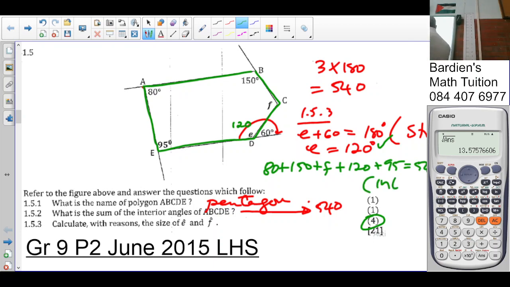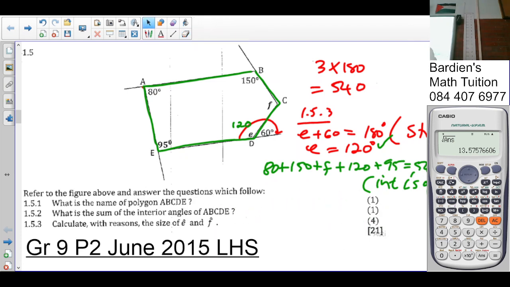Why? It's the interior angles of a pentagon. Okay? The interior angles of a pentagon. Go for it. Let's take photos of it. So mark from the book. Okay.